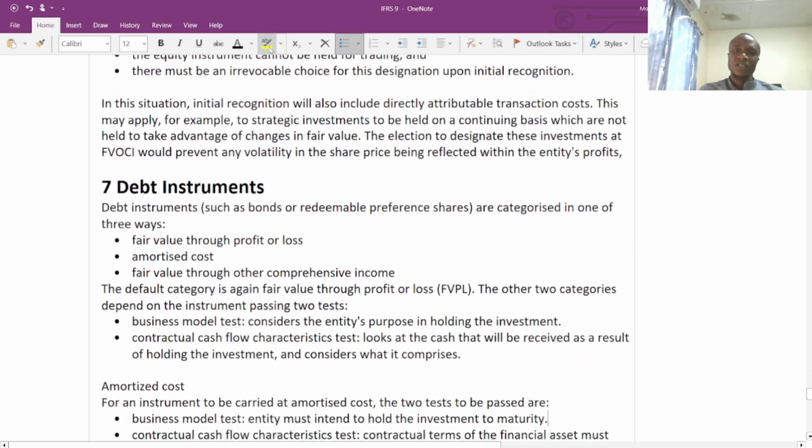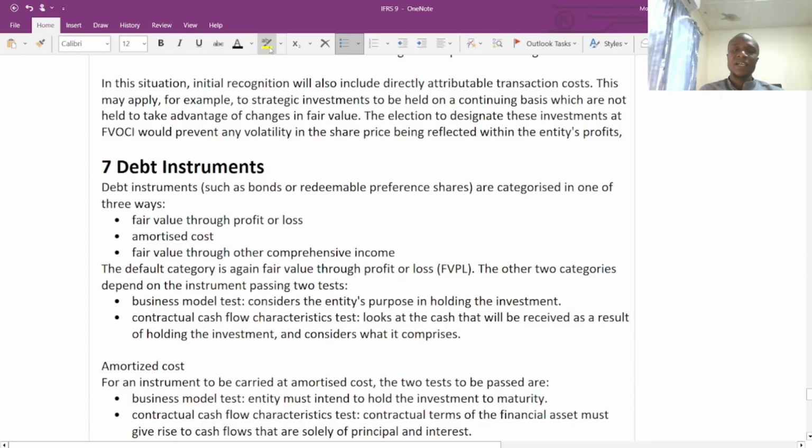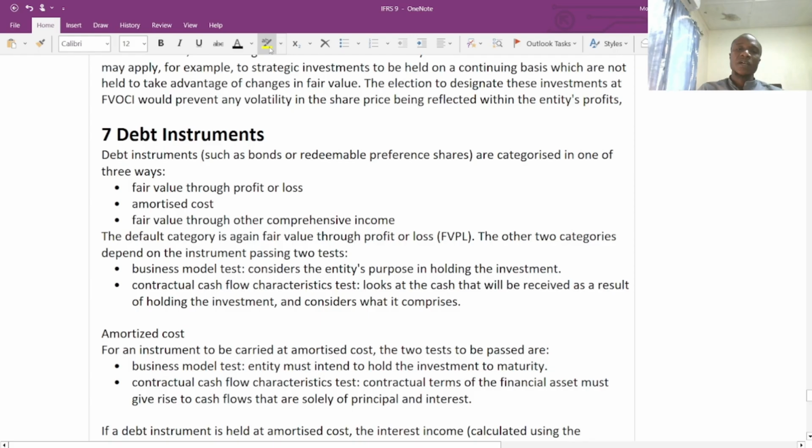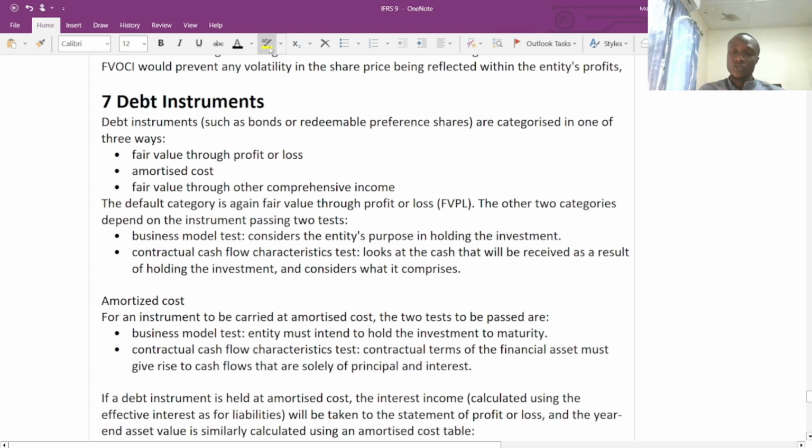So now you're going to look at the debt, which is a little bit technical, and it is synonymous to that of the liability aspect using the amortized cost. So now under the debt aspect, it's very clear. For example, the company gave out a loan to my employees.